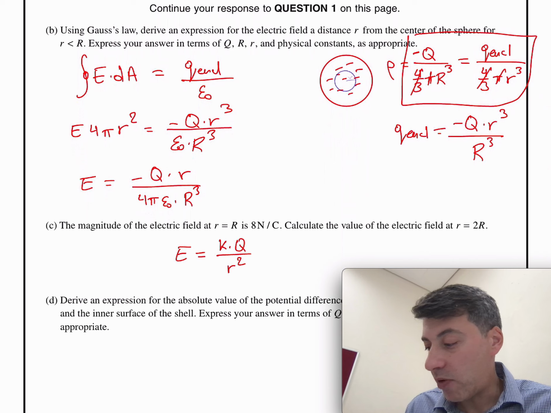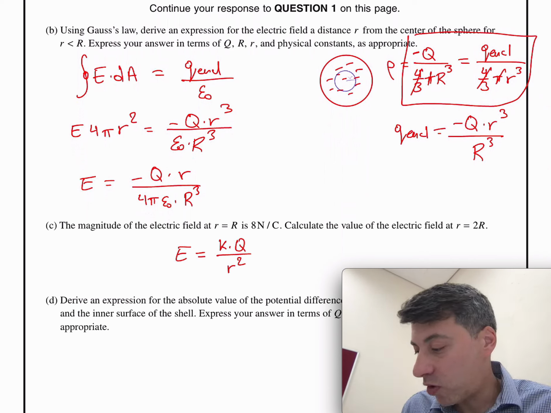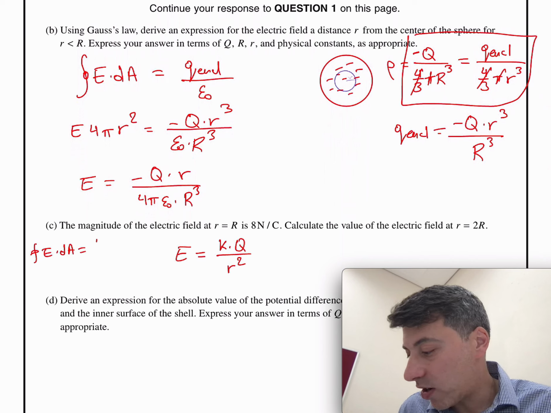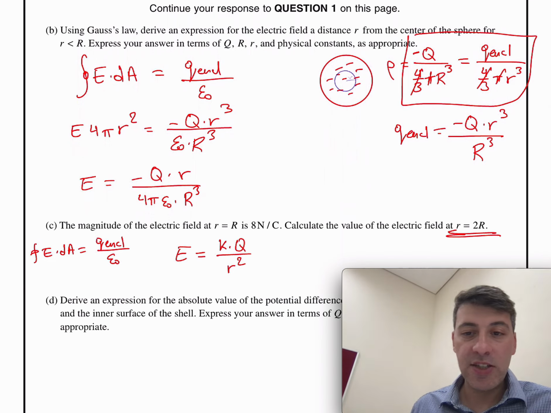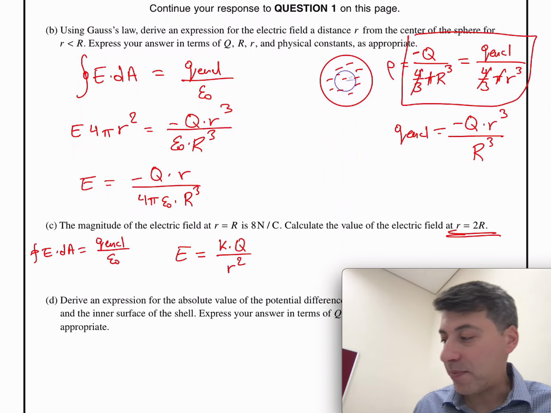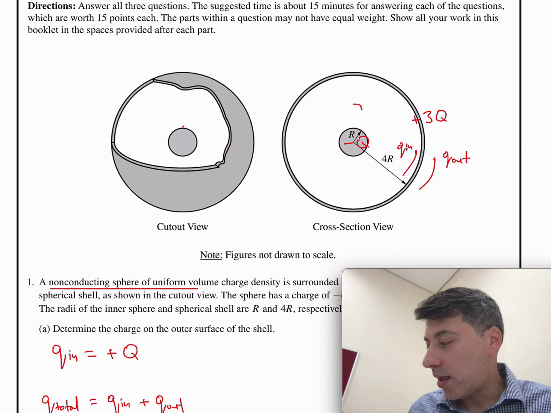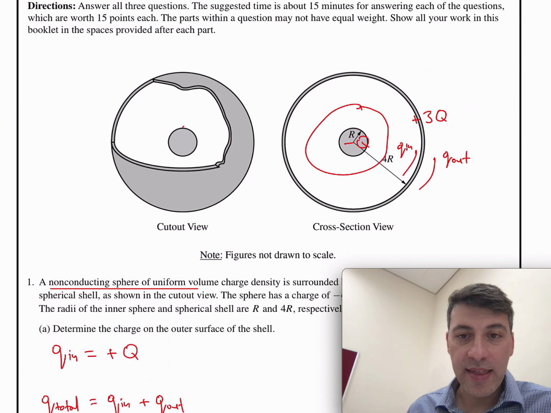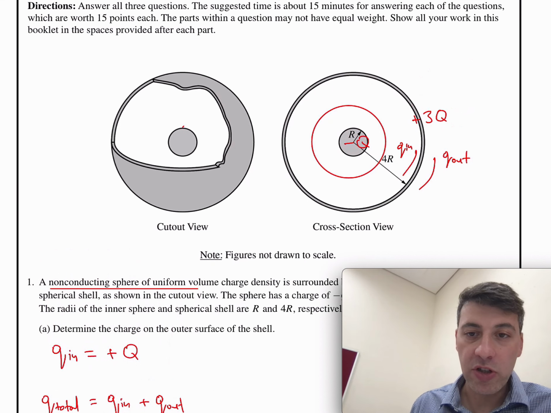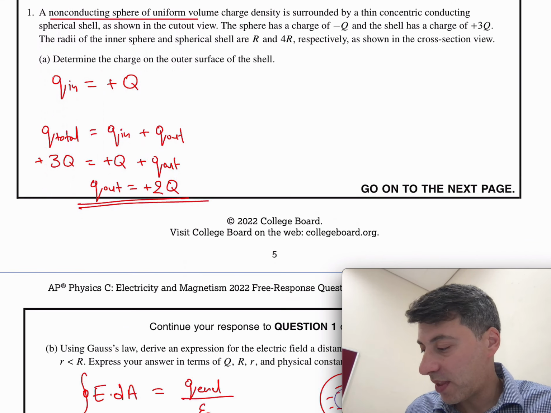Basically, you should say that away from the small sphere, again, we'll try to apply Gauss's law. So the area integration is equal to q enclosed over epsilon 0. Since we are at a distance 2r, the charge that is enclosed is only the charge of the sphere, so minus q.